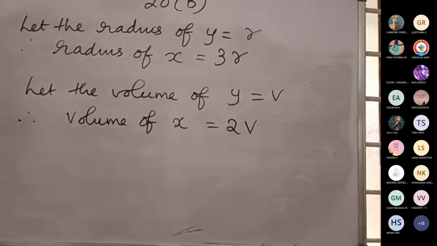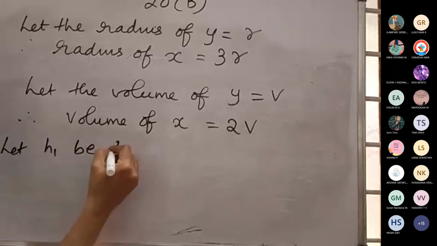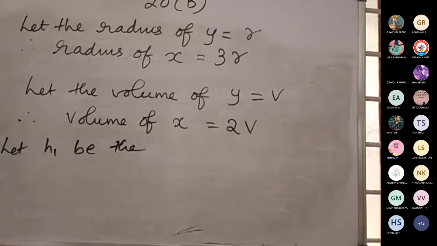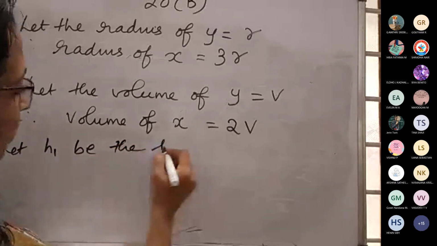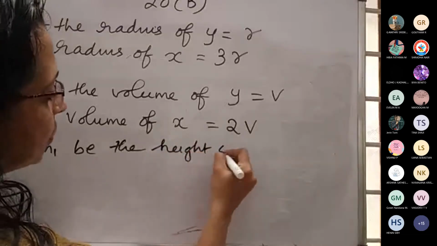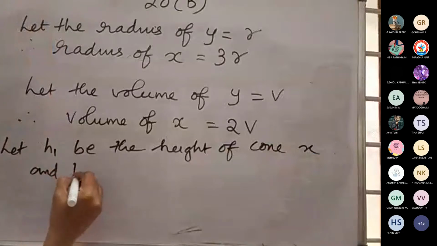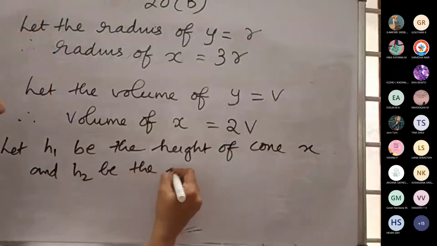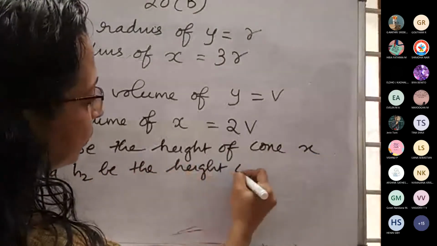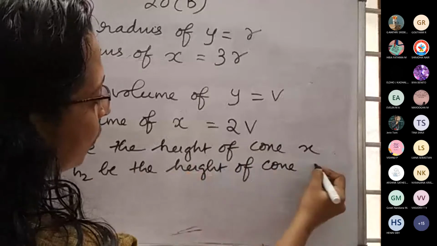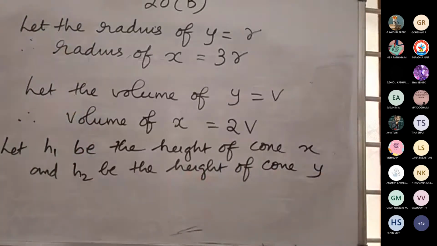Next step. We have to calculate the relation between the heights. So let h1 be the height of cone X and h2 be the height of cone Y. Two cones are there, so heights h1, h2.